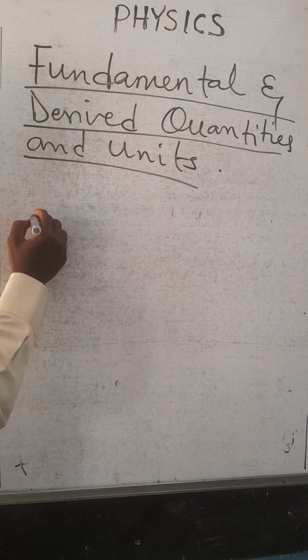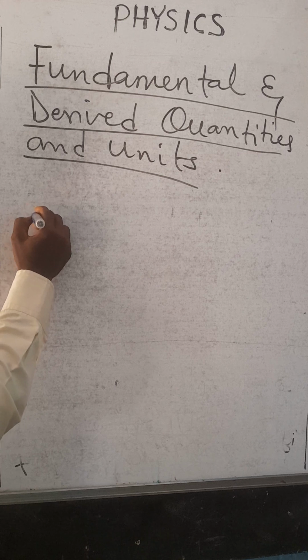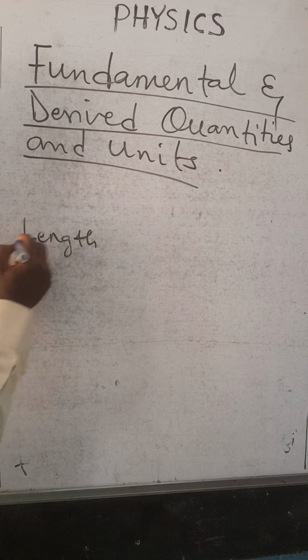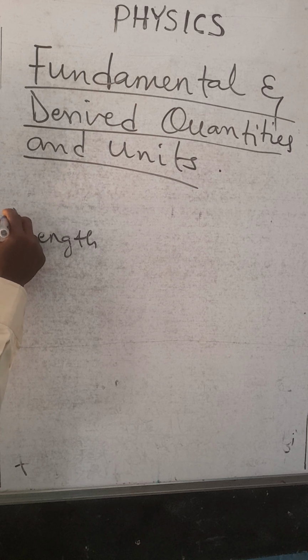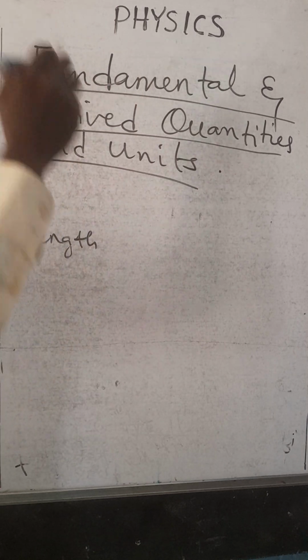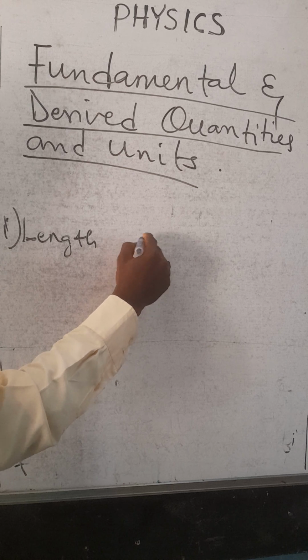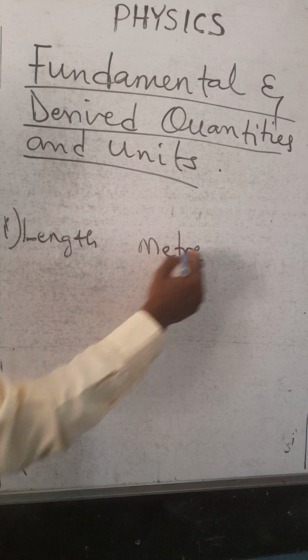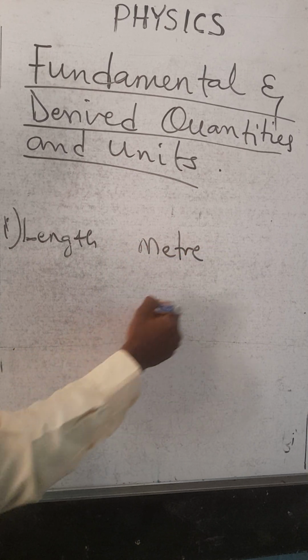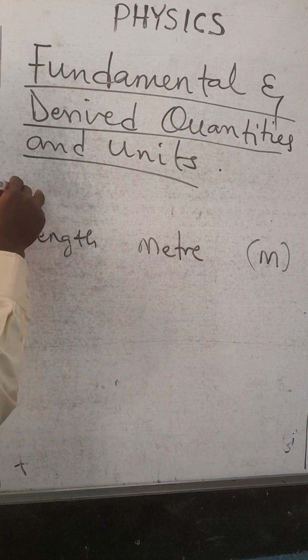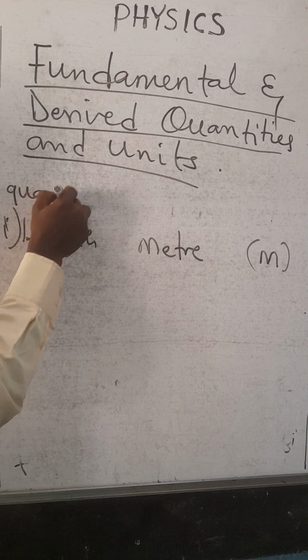We have the length, and its SI unit, or the basic unit, is the meter, while its symbol is m.